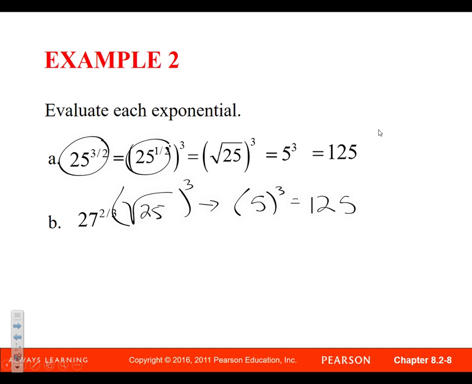There's your 125. Okay, so you guys want to try this one? We don't have to do the first step, like the 25. It's up to you. I would want to make numbers smaller, right? So remember, it's power over root. So you want to do the root first, and then take the power of that.